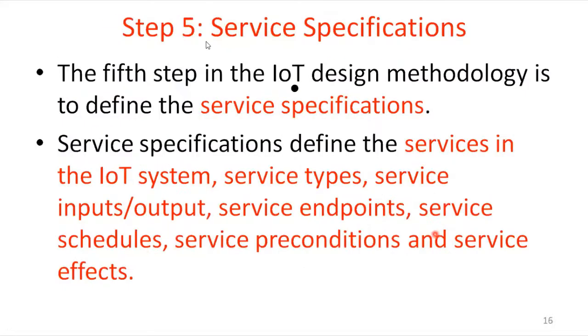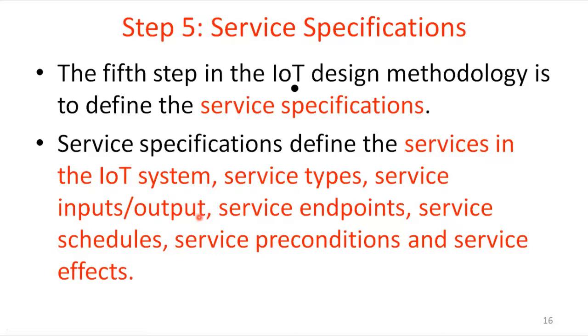And then coming to the service specification. What is the service specification here? This particular service specification defines the services in an IoT system. What are the services: the service type, the service input or output, service endpoint, service schedules, and service preconditions and their effects. That means you will represent a service specification and preconditions for this.